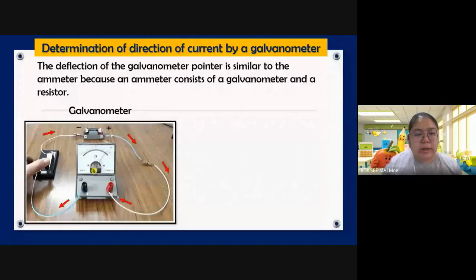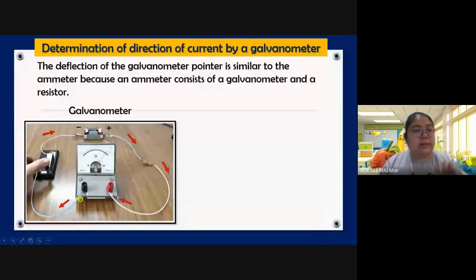We don't care about your connection being positive or negative. Red color is normally positive and black color is normally negative. My connection is correct: positive I join to red, negative I join to black. So my galvanometer can deflect to the positive side, which means it can read the reading.